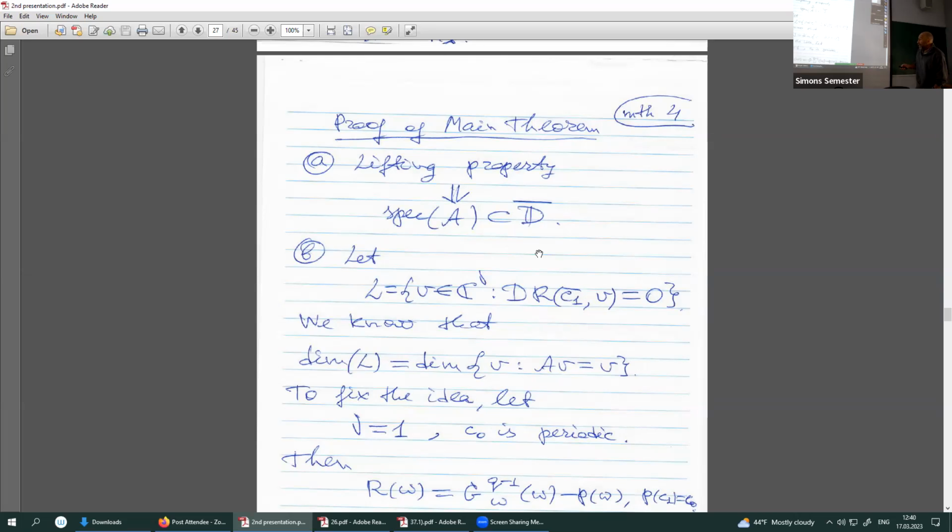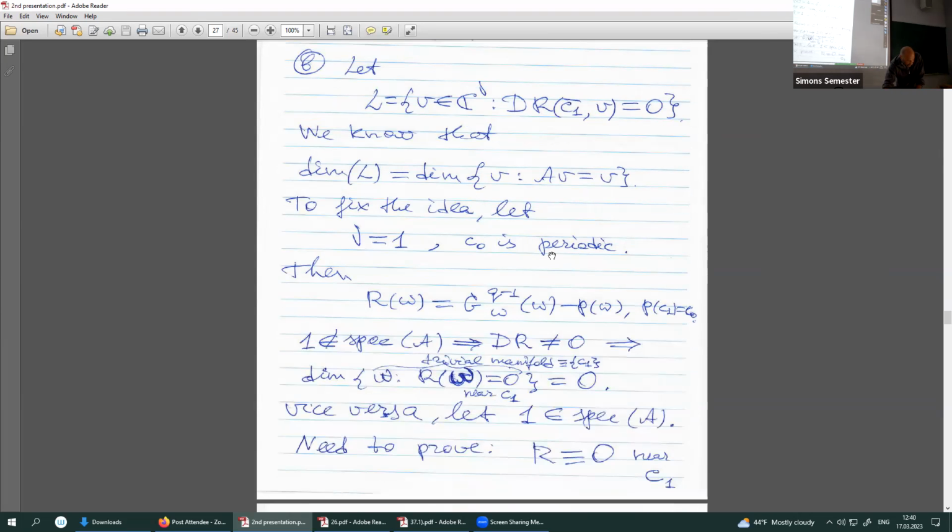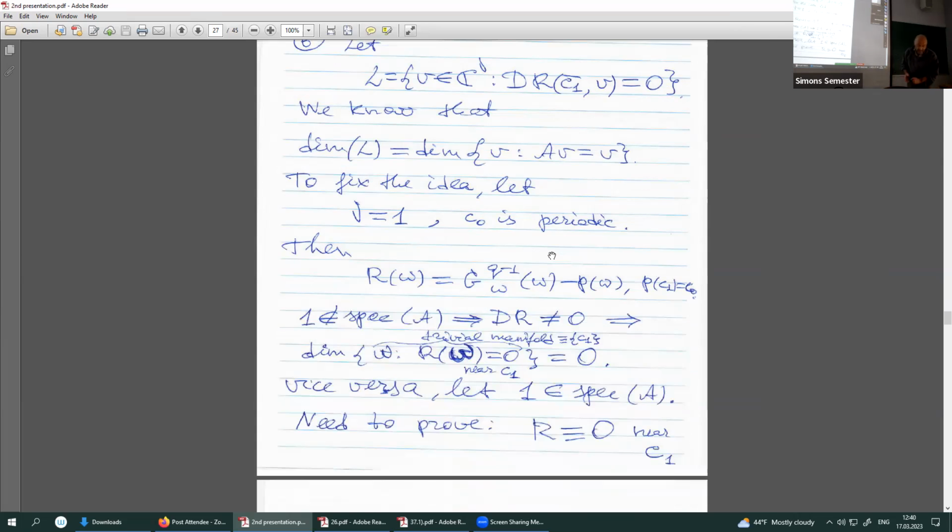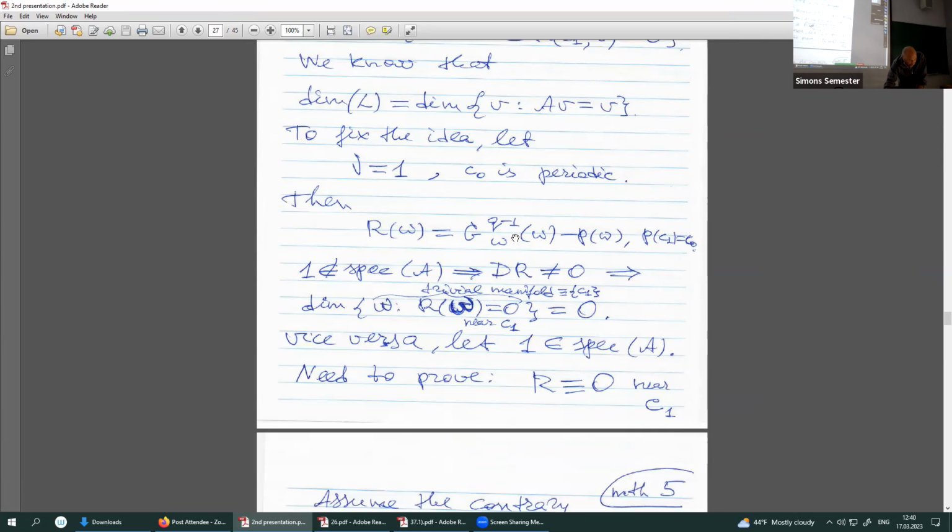And now let's consider the simplest case, Tsujii's idea, that mu is 1, just one-dimensional, like quadratic, for example. Okay, then there is just one, and mu is 1, and assume for simplicity that the critical point is periodic. C0 is periodic. So then R of omega is just this one function where P goes from the critical value to the critical point, given function.